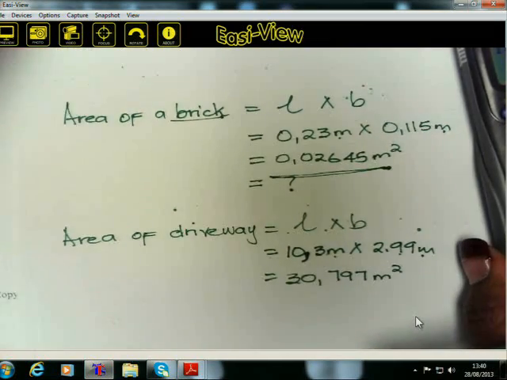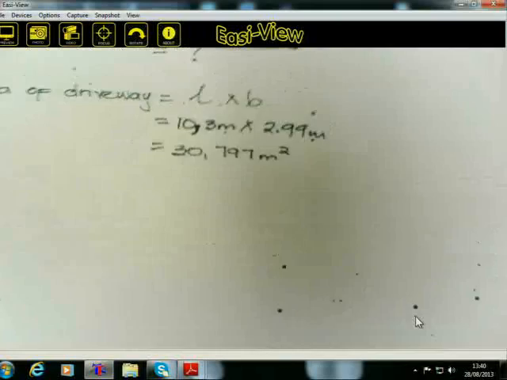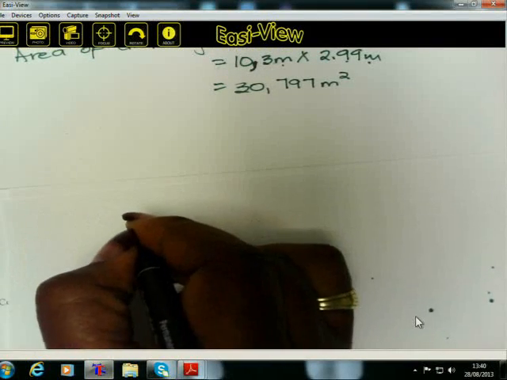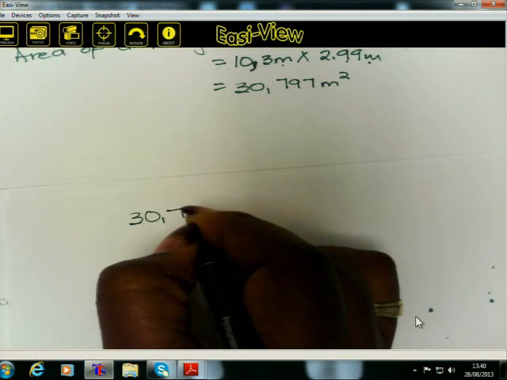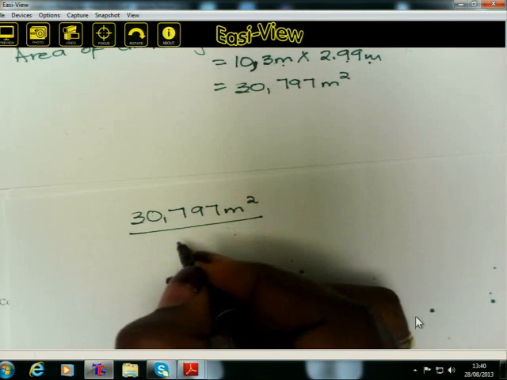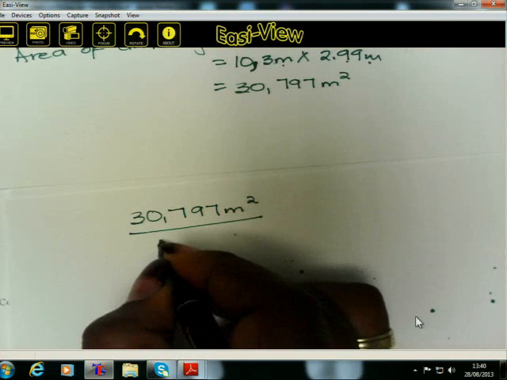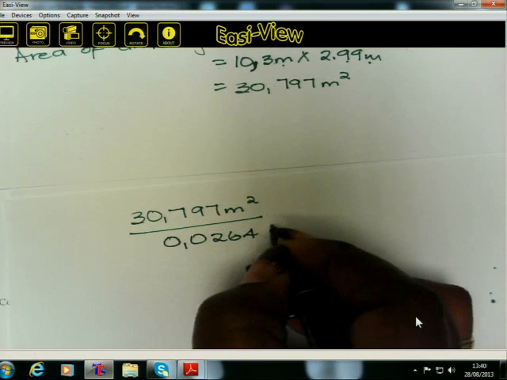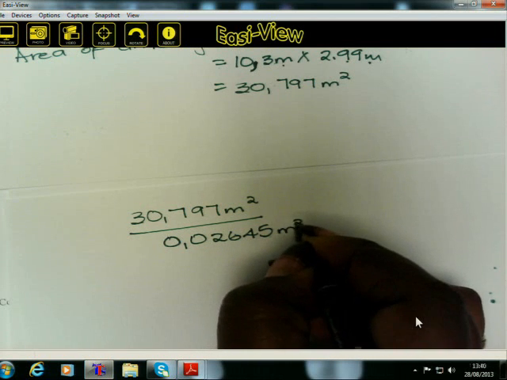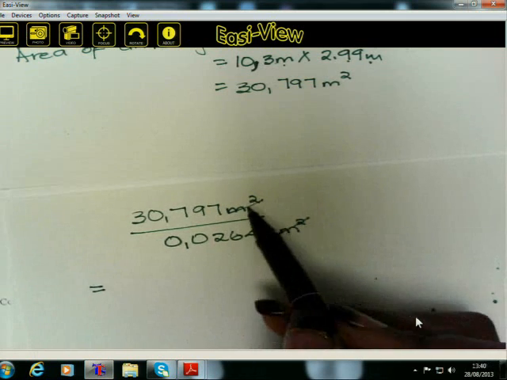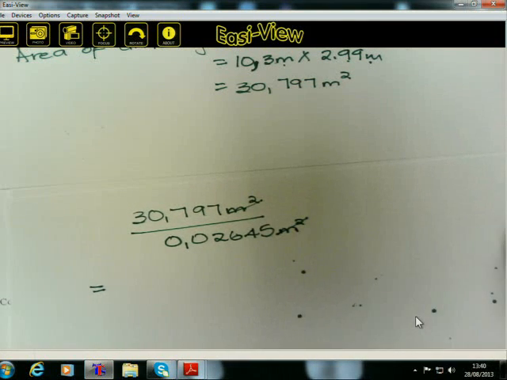So at this stage, we can now take the 30.797 square meters, which is the area of the driveway, and divide it by the area of each brick, which is 0.02645 square meters. This is what is going to help us get the number of paving bricks, hence the square meters and the square meters will now cross out.